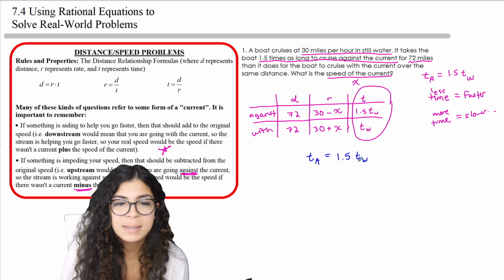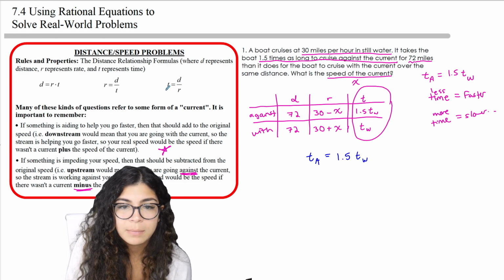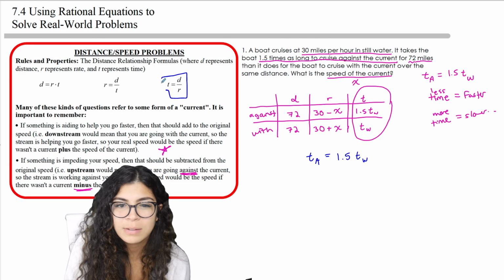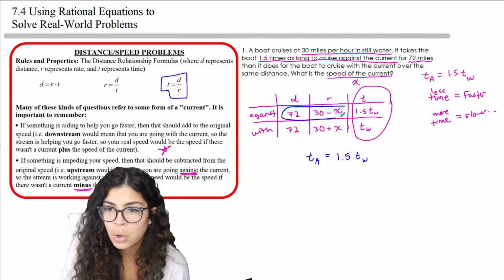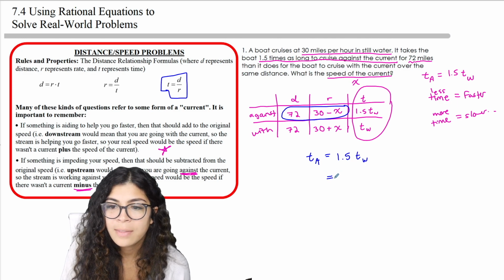Now, what is time? Time equals distance divided by rate. So I will take the ratio of the distance over the rate, and that would be for the time against.